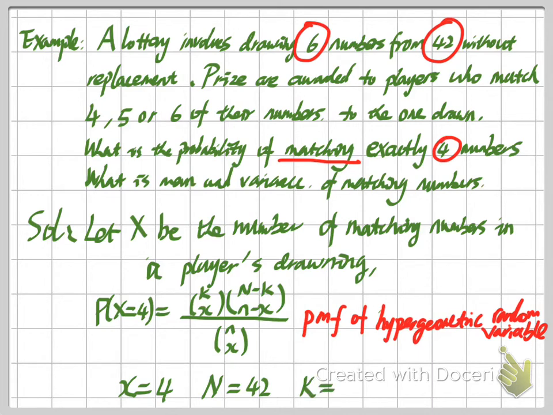Capital K is the number of successes. A number is a success when it matches a number selected by the organizer. How many numbers will the organizer select? Of course it is 6, so our capital K is also 6.